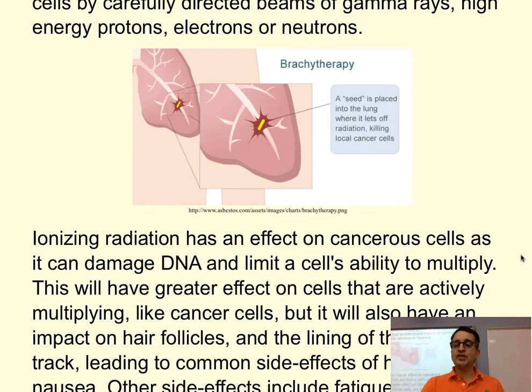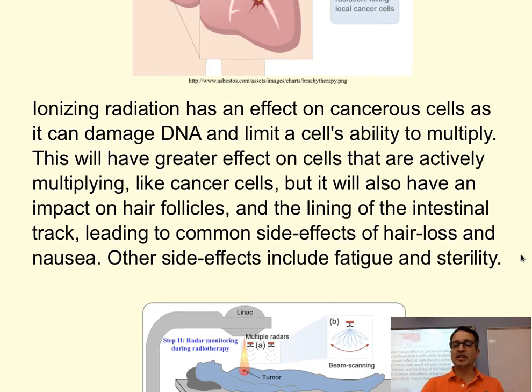Now, ionizing radiation can do one of two things, but mostly it's going to damage the DNA. By knocking electrons from it and changing the bonds, it may cause errors in the copying and therefore trigger the self-destruct mechanism in the cell. Because it acts on DNA, it's going to act on those cells that rapidly reproduce.